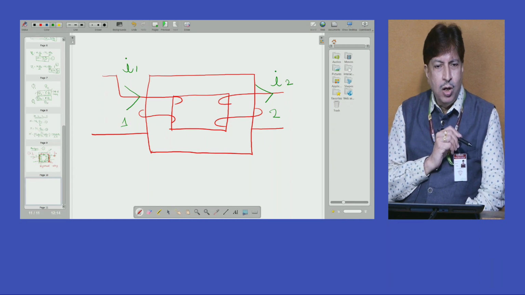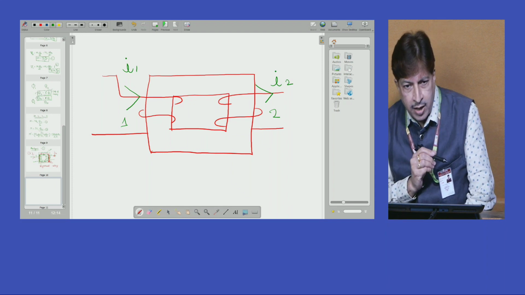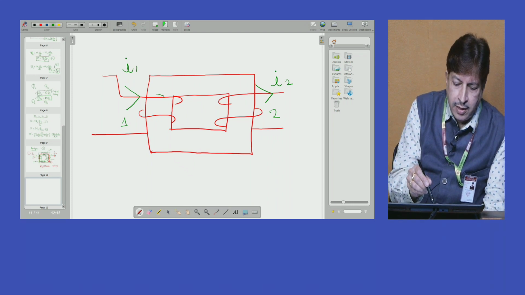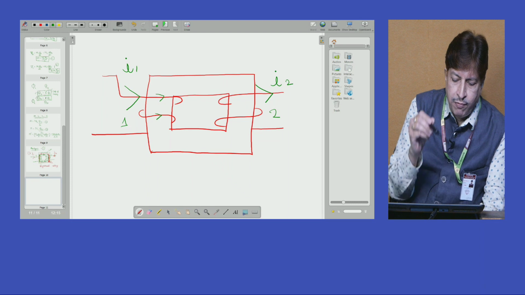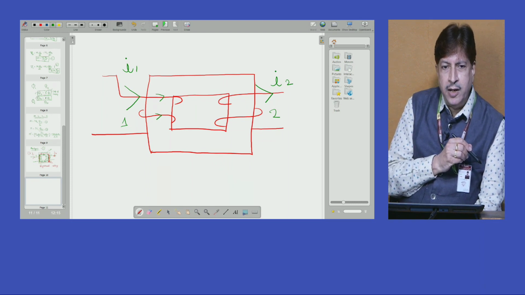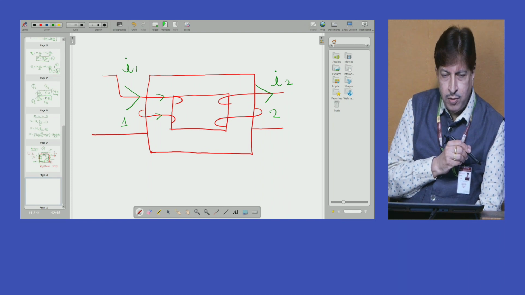Now, how to draw our conclusion for this question? As I already explained, coil number 1, this is the direction of given current. I am applying the right hand gripping rule.